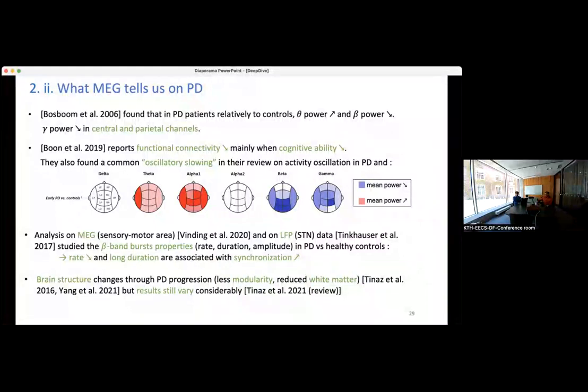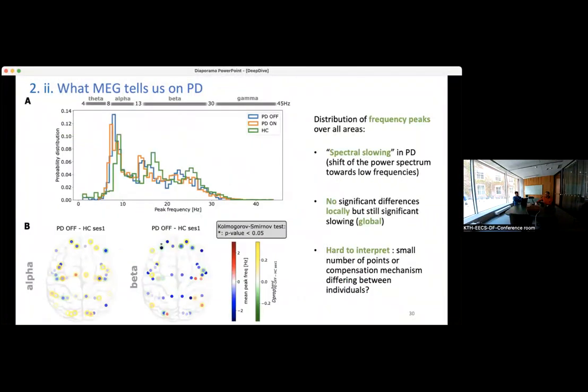But this is still quite complex to interpret at the disease level. We can say beta is increasing, beta burst is maybe decreasing, but then we need a model to understand things.